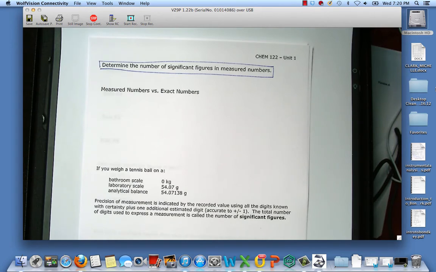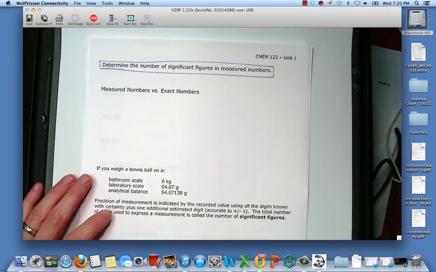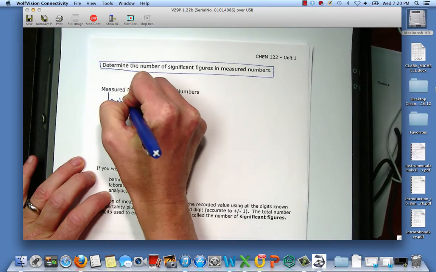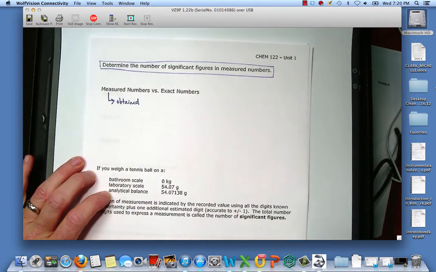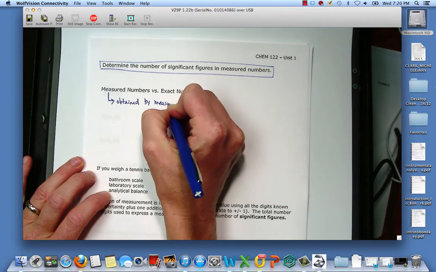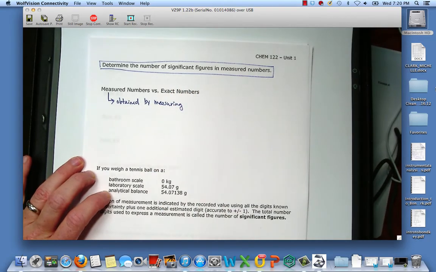Measured numbers are numbers that you obtain by measuring something. So you obtain these by measuring height, weight, or temperature.